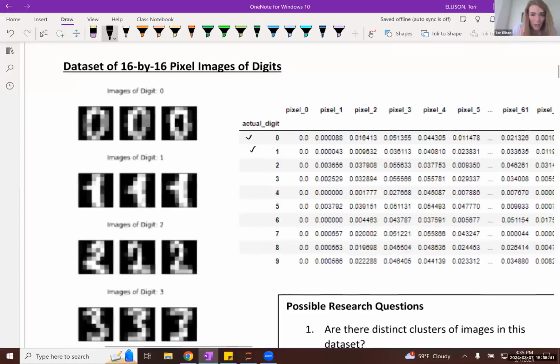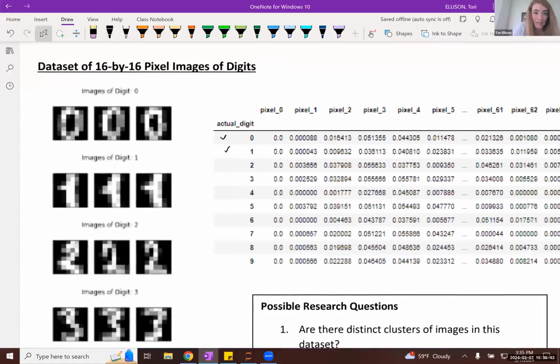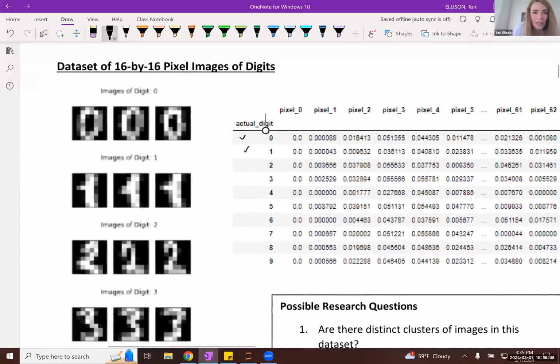And then basically the way that we translate a given image to a given row in this data frame is, each of these pixels in the image represents a numerical value.